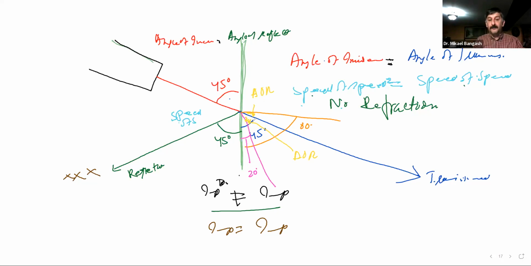It deviated from 45 degrees to 80 degrees, or from 45 degrees to 20 degrees. Clear? That mainly means that our beam refracted as it entered from one medium into another medium.